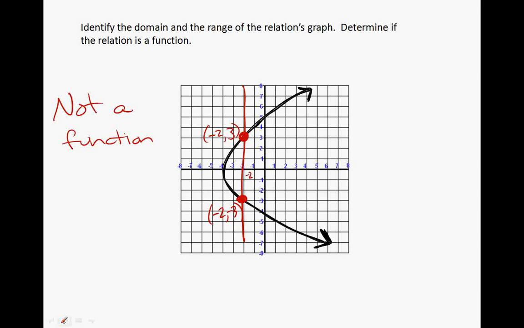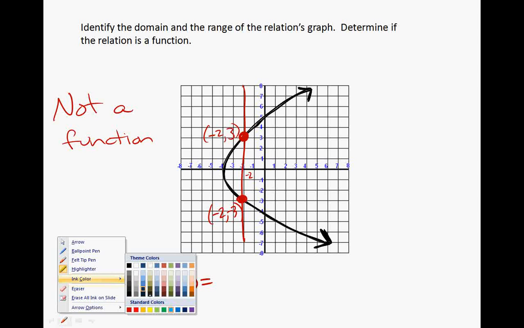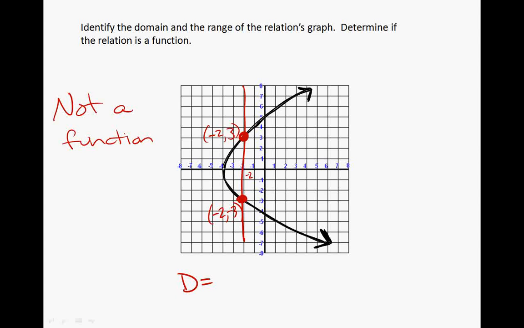All right, now let's list the domain. Compare the graph to the x-axis to find the domain. If I were to compress that graph along the x-axis, I would see that the lowest possible x value is -4, and then when I keep compressing this graph on the x-axis, there really is no highest value.